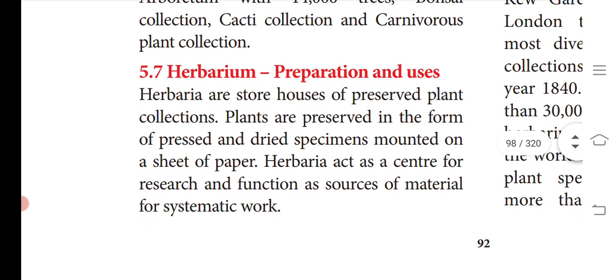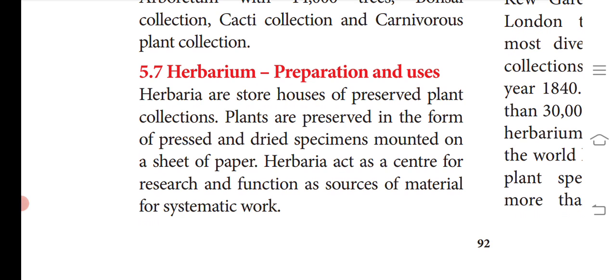Then about the herbaria. Herbarium, as we were discussing in the live class, herbaria are the preserved specimens. Herbaria are storehouses for preserved plant collections. Plants are preserved in the form of pressed and dried specimens mounted on sheets of paper.